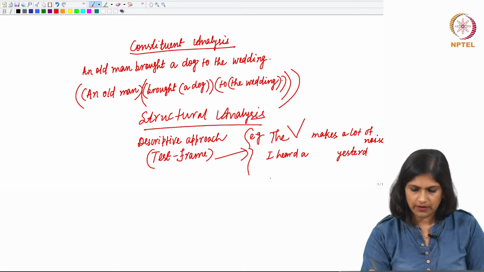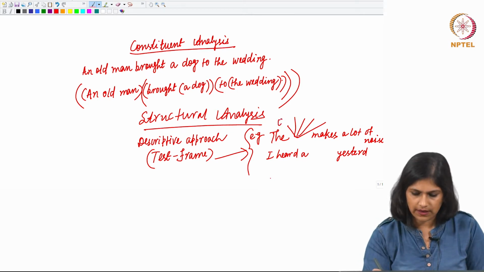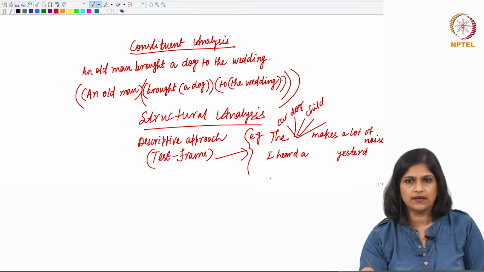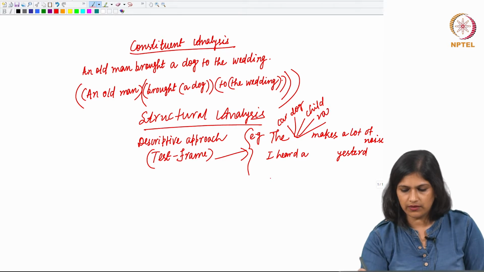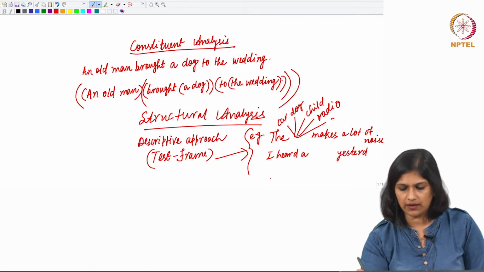All of them can be fit into it. So, you can say car, dog, child, radio, maybe donkey. Okay. So, all of them can be used.